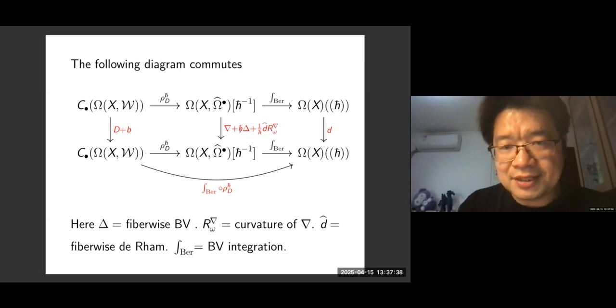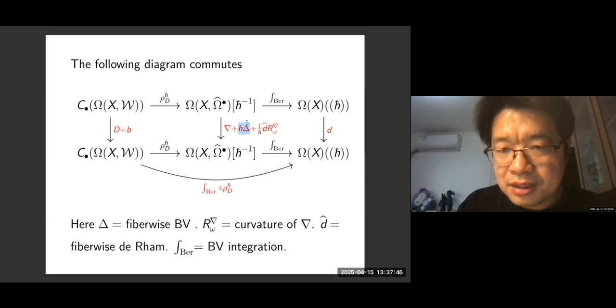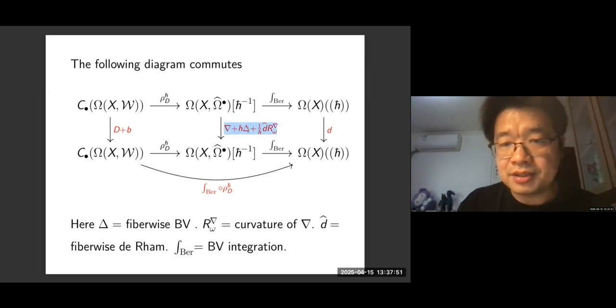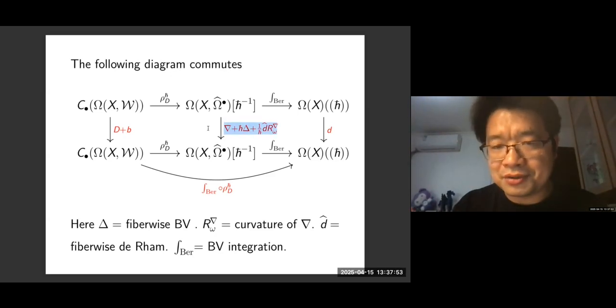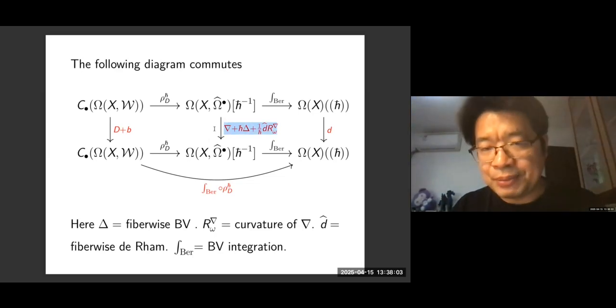You can find that in the middle, it intertwines, for example, this symplectic connection with a correction by this BV operator, and some additional correction by the curvature. You can show this also defines a flat structure. The whole thing squares to zero. But at this moment, this map is not important for understanding what's happening.